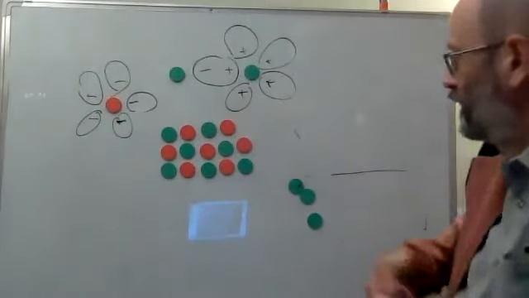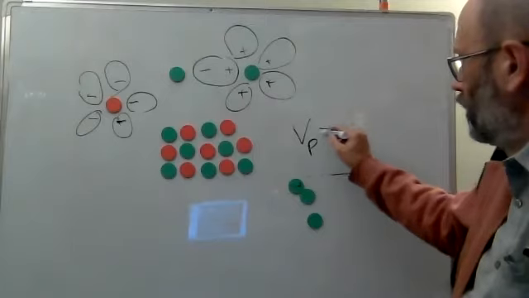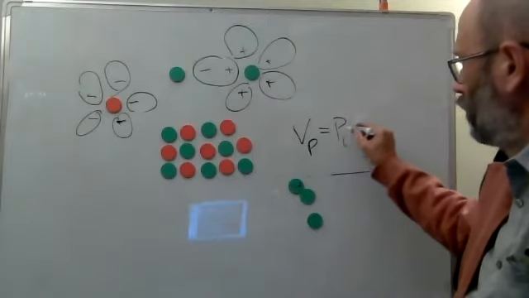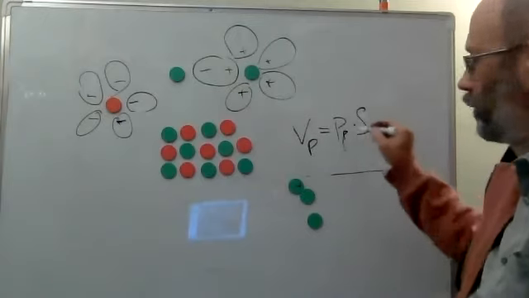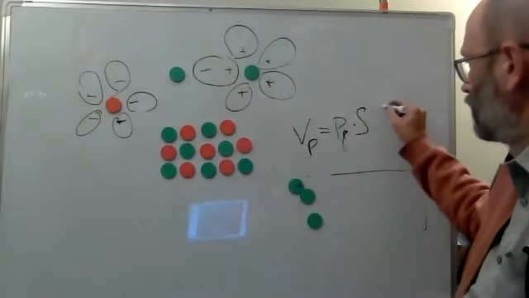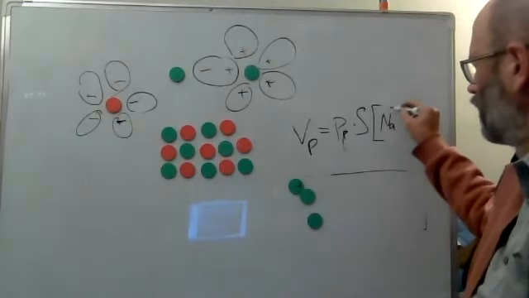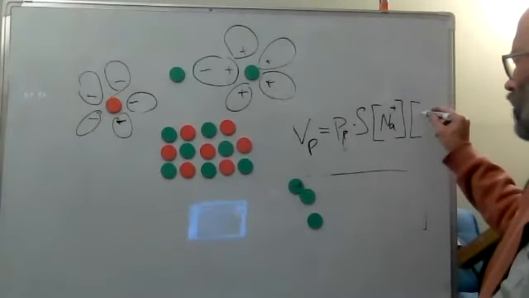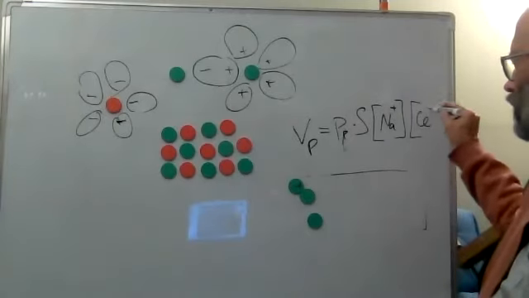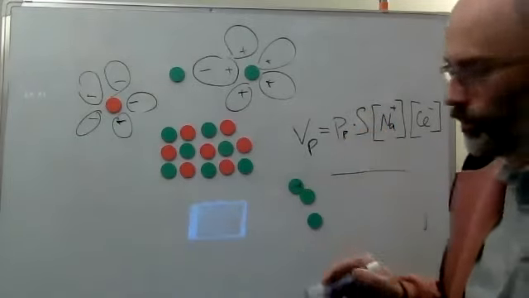That means the precipitation rate of ionic compounds, of salt, equals the probability of an individual molecule to precipitate times surface area times the equilibrium concentration of the sodium ion and times the equilibrium concentration of the chlorine ion. The rest is the same.